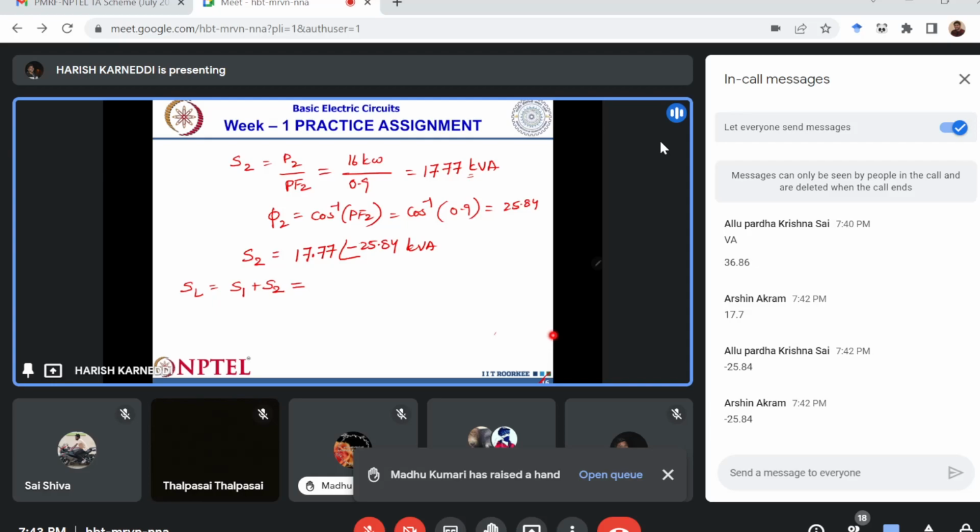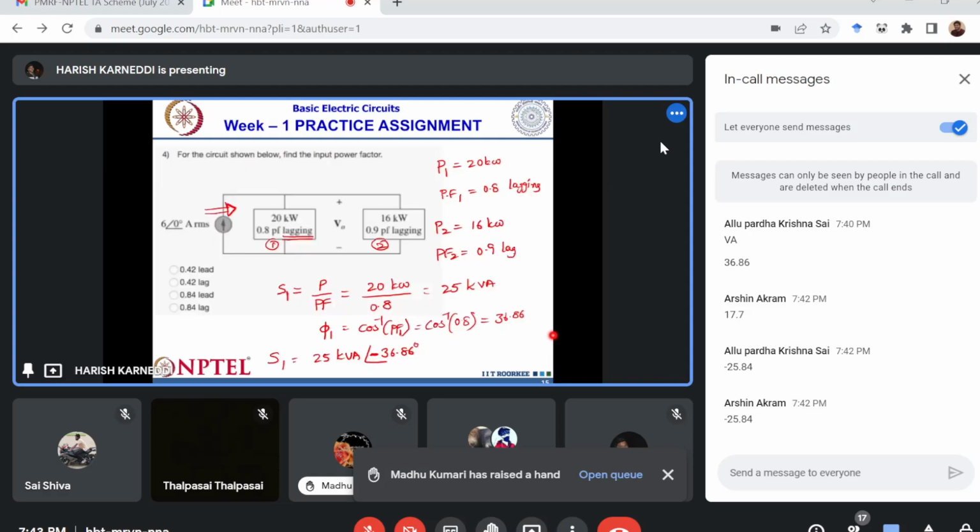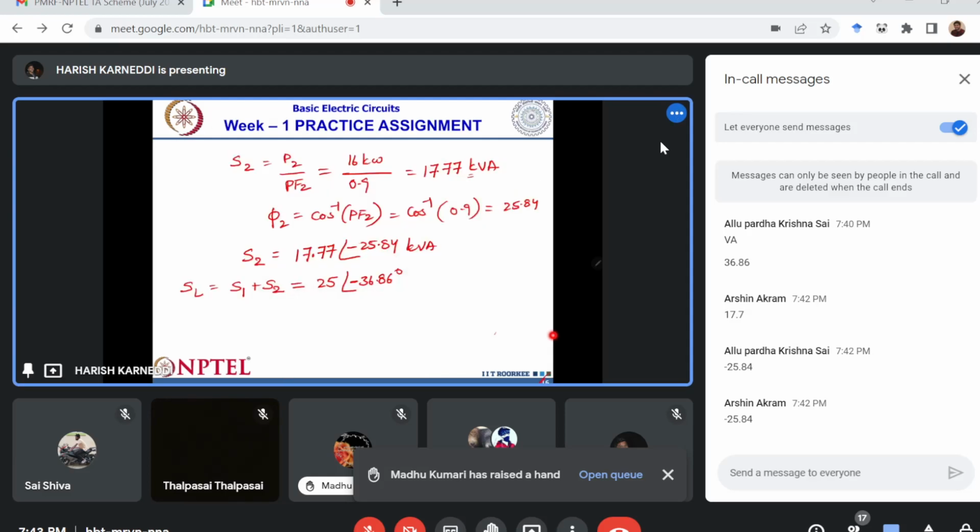The value of S1, already we calculated, it is 25 at an angle of minus 36.86 degrees kVA, and S2 we just calculated, this is 17.77 at an angle of minus 25.84.